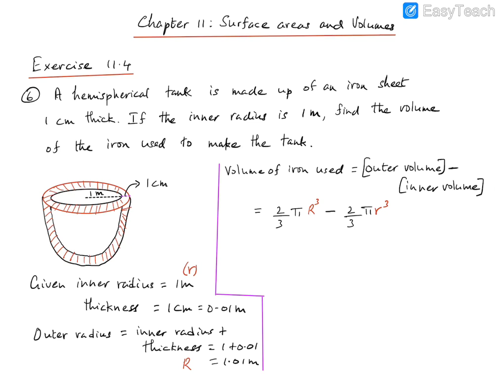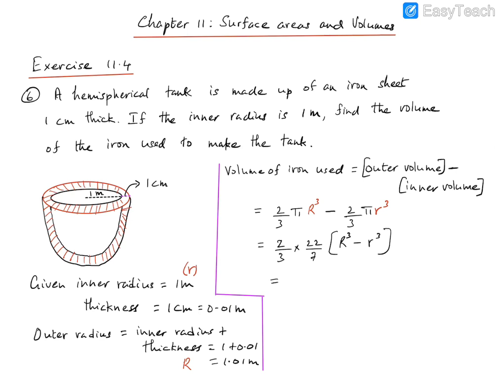From this we can see that we can take 2 by 3 and pi, which is 22/7, outside as common factors, into the outer radius cube minus the inner radius cube.